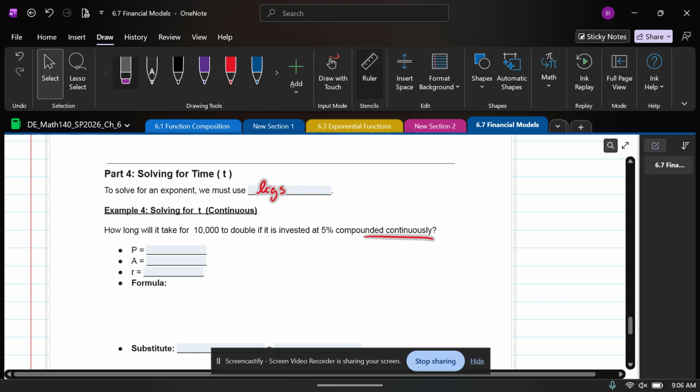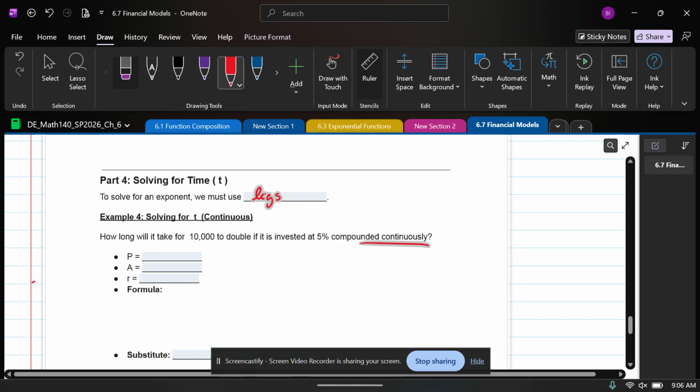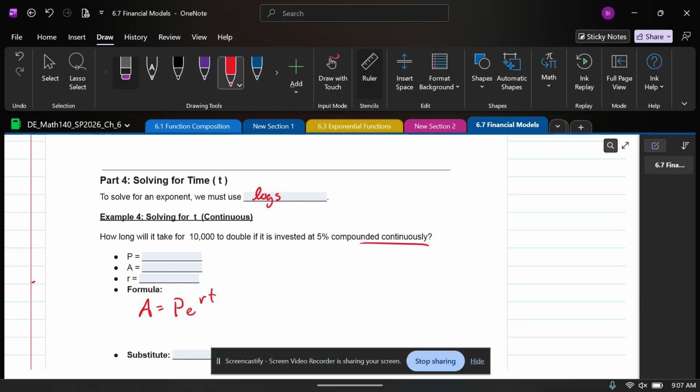Compounded continuously tells me that I'm going to use the PERT formula. So knowing which formula to use is key. So my principal amount is 10,000. If I'm going to double that, what's my account worth going to be? 20,000, yeah. And then my interest rate, they said, was 5%, so 0.05.